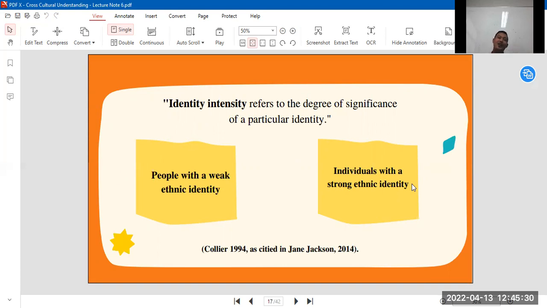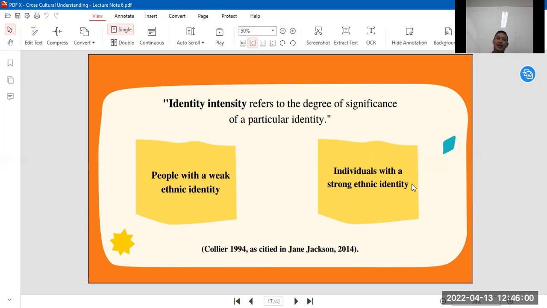The strength of one's attachment to phases of one's identity can vary depending on the circumstances. Probably you can guess whether Ratna or Sarah has the weak ethnic identity, or a strong ethnic identity.